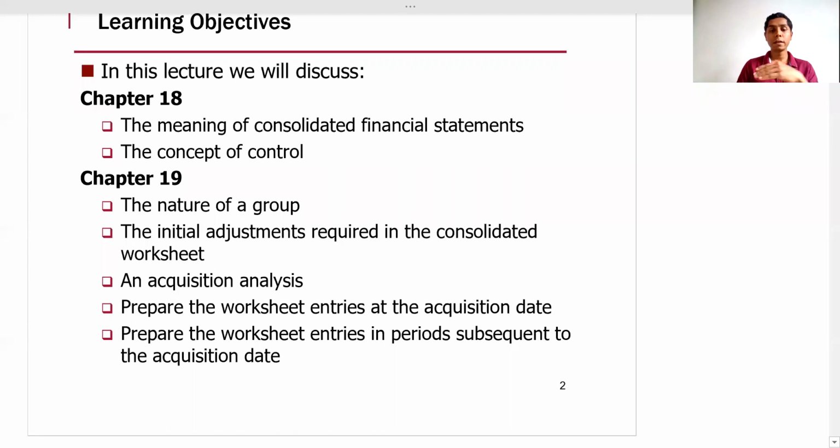Next, how to prepare the worksheet entries at the acquisition date, and what the worksheet entries are in periods subsequent to the acquisition date. So basically we use two chapters.